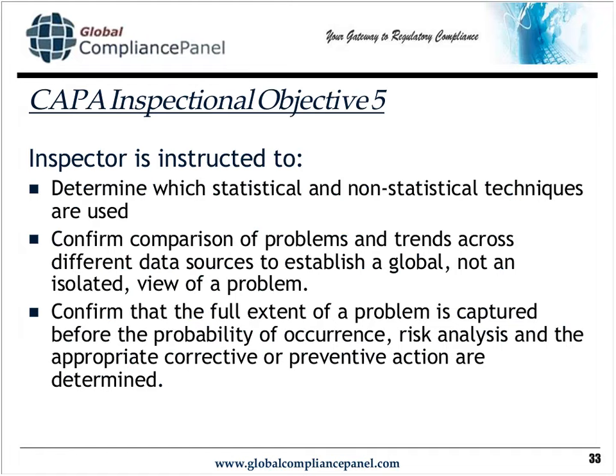What that means is that if I have an in-process failure from a particular device, and that reject rate is increasing, I make sure that I look at my complaints for the same product line to try to tie the two data sources together to establish what they call a global view of a problem.